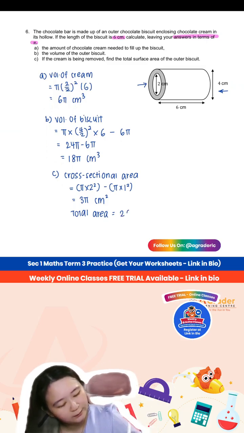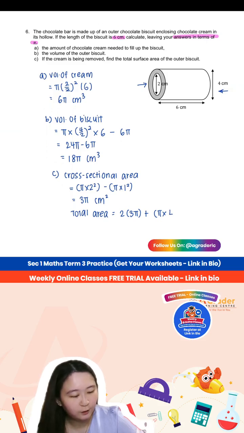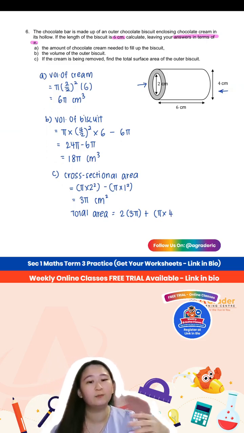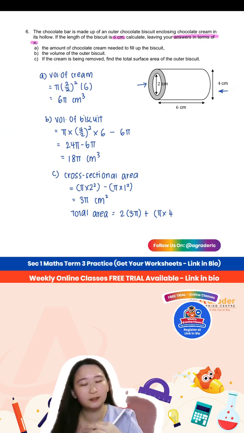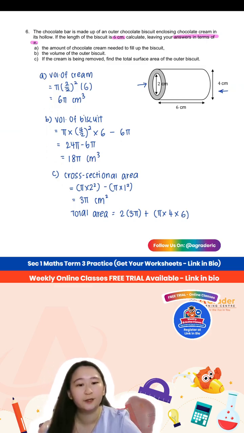Okay, so 2 times 3 pi first, the left and the right, plus pi times 4. This will give us the circumference of the outer layer, and then times the length of 6 cm. This will give the curved area of the outer part.